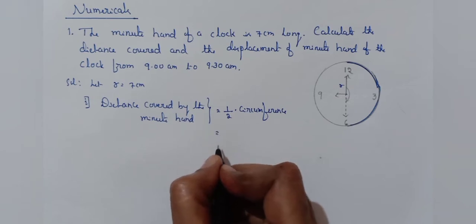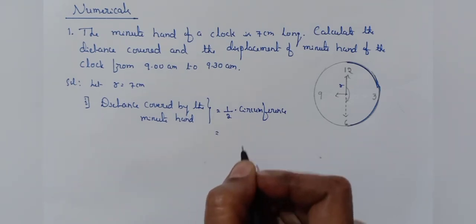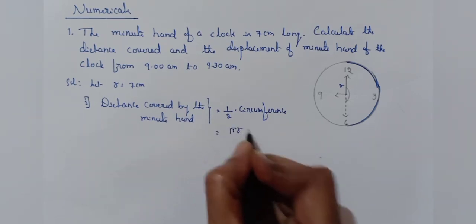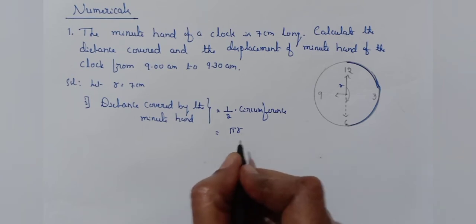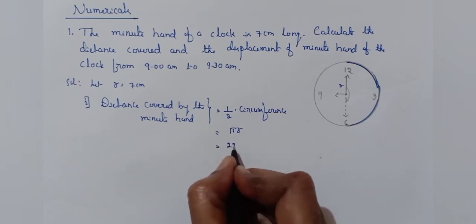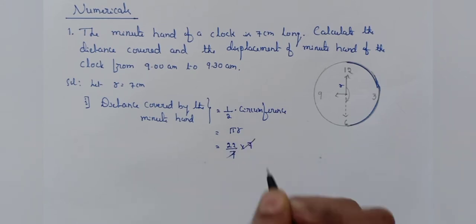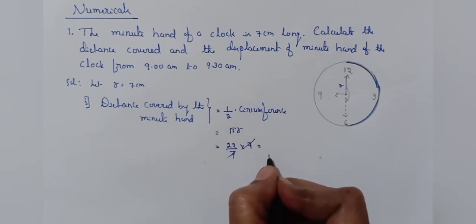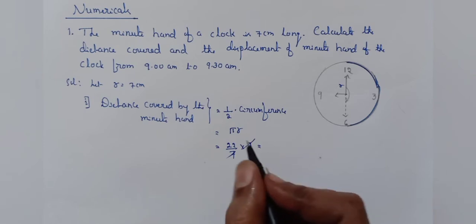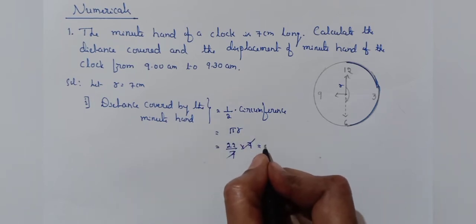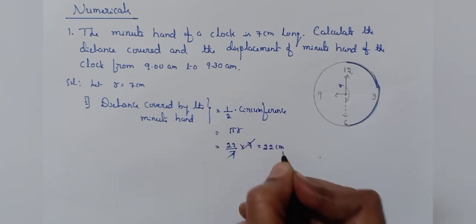Half of the circumference is pi r. Then pi is equal to 22 by 7. The radius is 7 cm. Cancel the 7. So the distance covered by the minute hand from 9 to 9:30 is 22 cm.